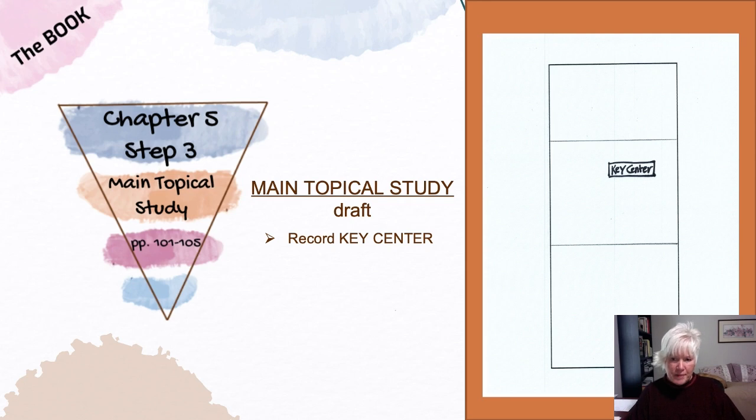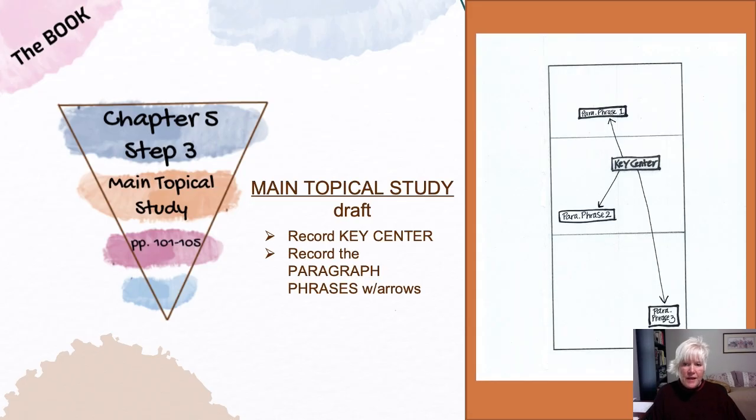The first step is to record your key center in its approximate location in the paragraph frame. Remember, this is directly from the text and should be as short as possible. This key center is found in the second paragraph, but yours might be in one of the others. Then write the paragraph phrases to which you are relating to the key center without the numbers shown here.